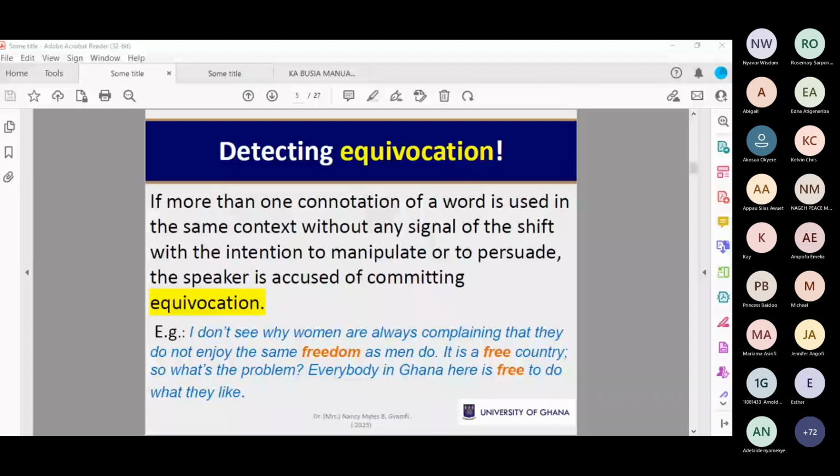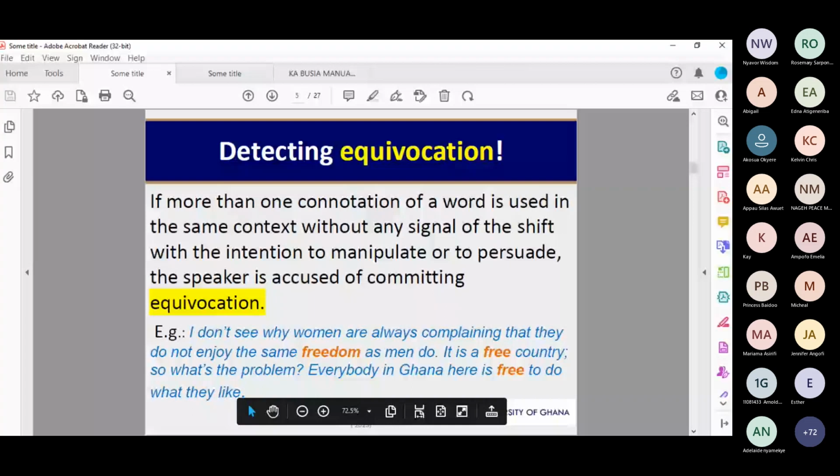Okay. So you are using the different connotations of one word in the same context. I like to add this one that I'm going to say, which is not in the slide. You're using the different connotations of one word in the same context, as if they mean the same, without any signal of the shift.